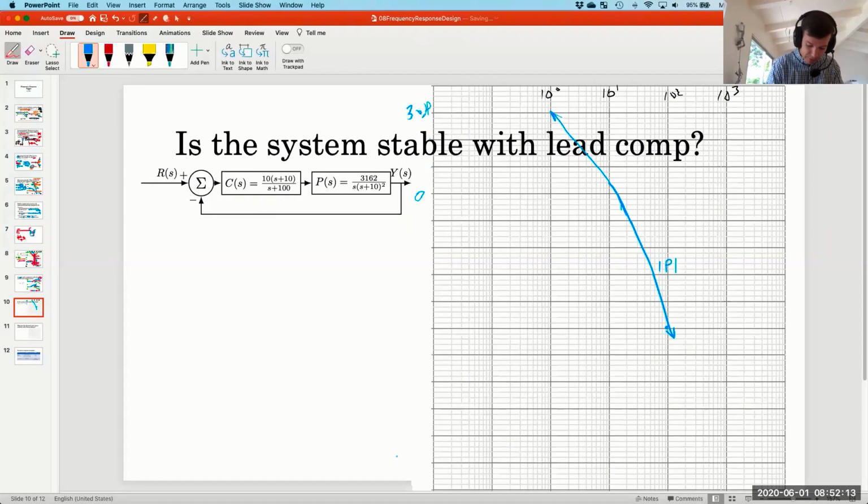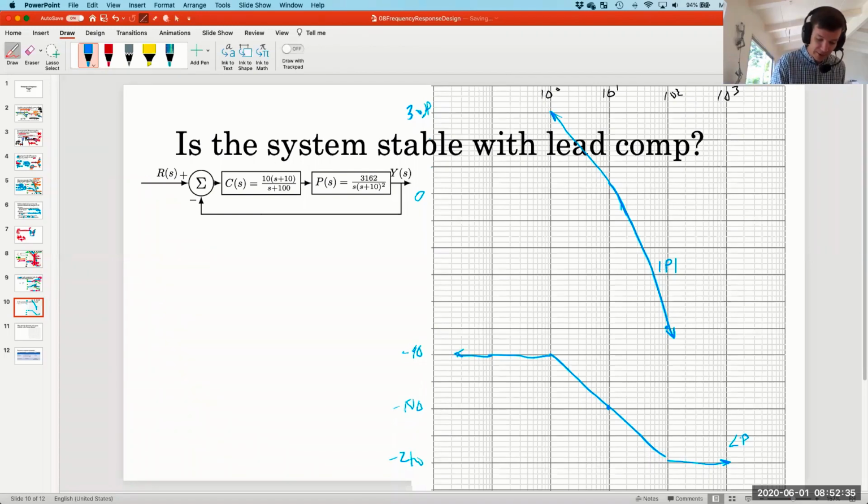And this was minus 270, minus 180, and minus 90. And so at 10 radians per second, the uncompensated phase passed through this point. So I'm just duplicating our work from 2 slides ago. This is the phase of P.